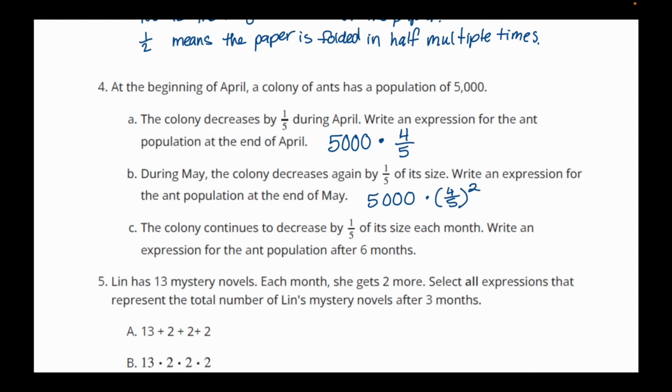Well, guess what? If we're multiplying by that number each month, because that's what's left over, we're going to have 4 over 5 to the power of 6. So after 6 months, this would be the expression. Now, they didn't ask us to evaluate it or give the answers, so you only have to write an expression. You don't actually have to plug it in a calculator to figure out how many ants.